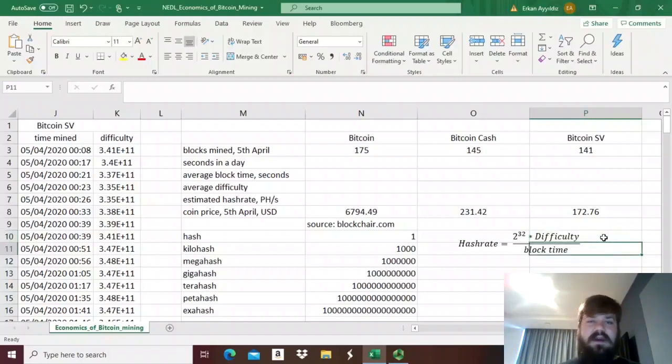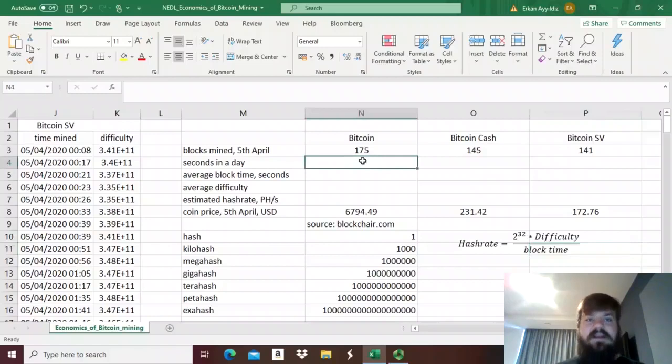And if, holding difficulty constant, block time increases or decreases, it would correspond to decreases and increases in hash rate, respectively. Because if it takes less time for the network to figure out a task of given difficulty, then it would mean that the amount of hash rate dedicated to this particular network is higher, and vice versa. So that is the logic of this formula.